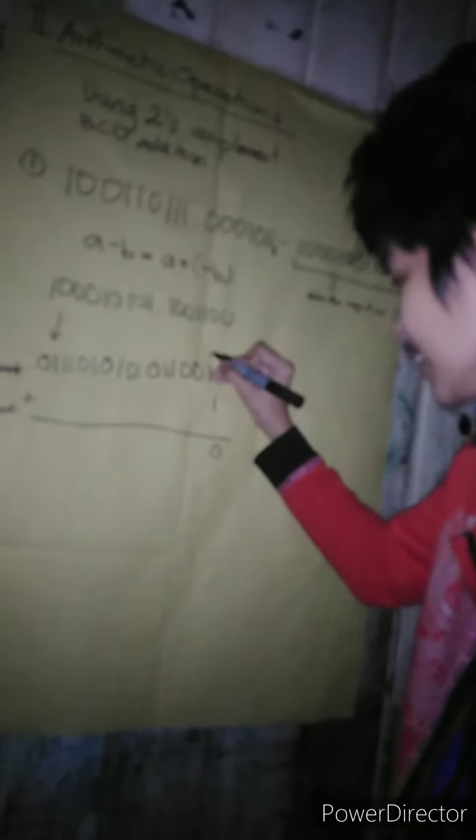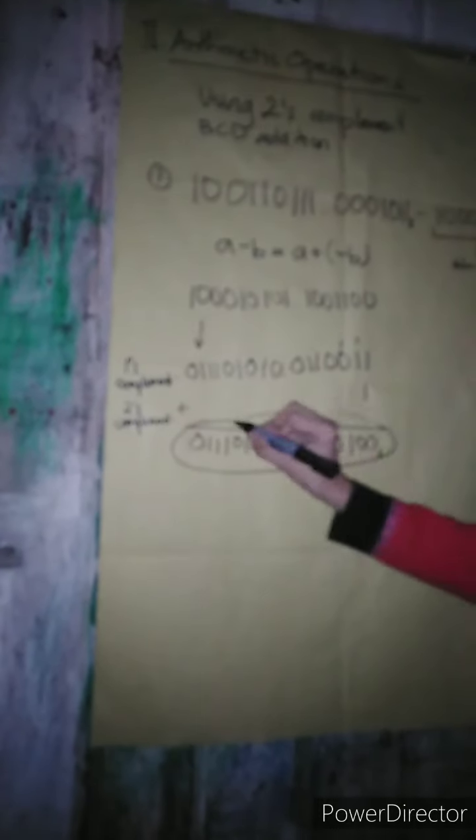So we will have 1 plus 1 is 1 0, carry 1. 1 plus 1, 1 0, carry 1, 1, then 0, 1, 1, 0, point. Okay, base 2. By using 2's complement, this is the negative value of this number.